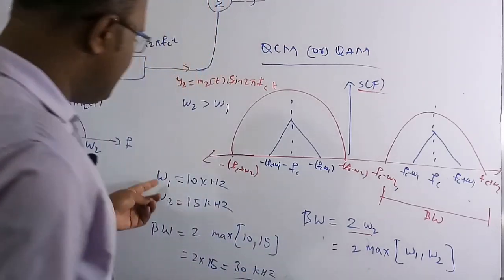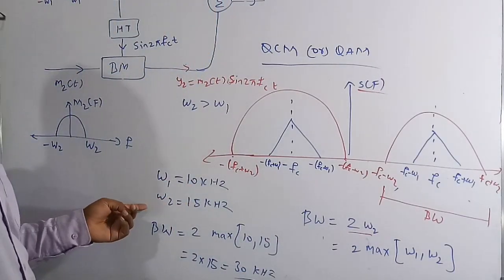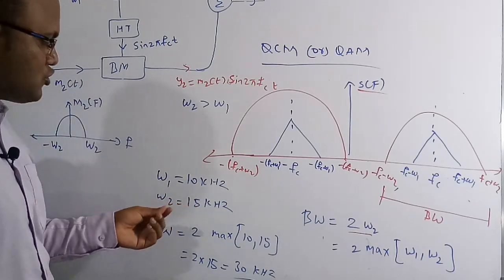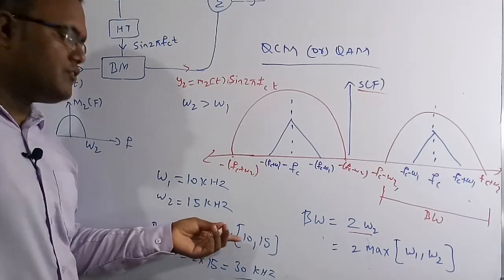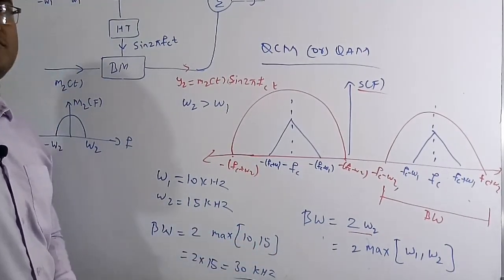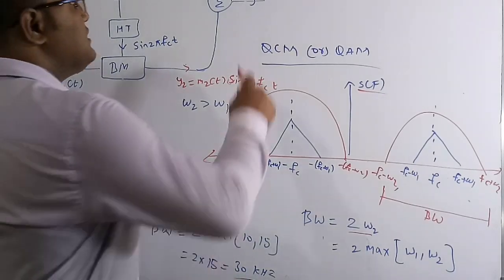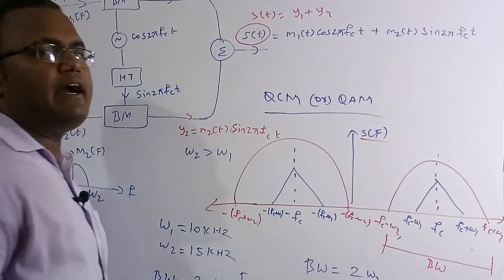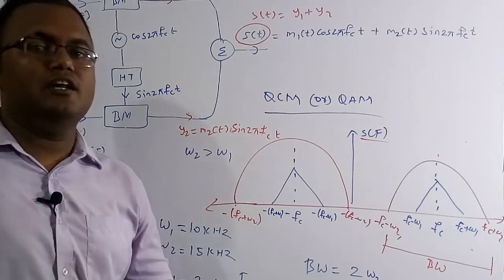In the question, the first message signal has a bandwidth of 10 kilohertz and the second has 15 kilohertz. So the bandwidth of S of t is 2 times the max of 10 and 15. The maximum is 15, so 2 into 15 is 30 kilohertz. So S of t has a bandwidth of 30 kilohertz.